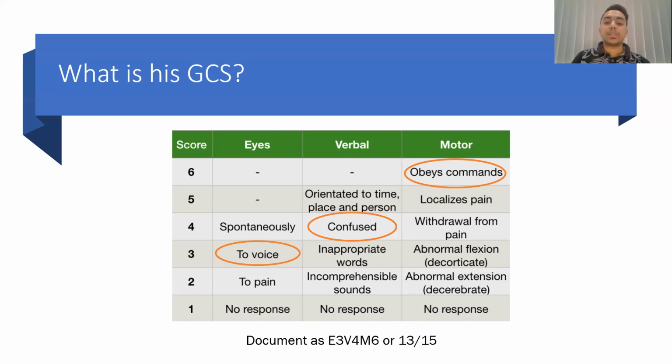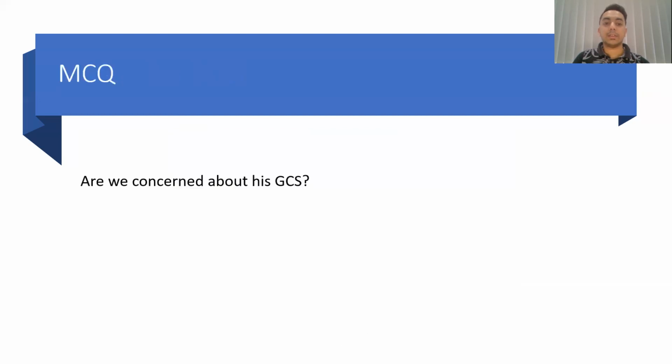Does anyone think that this GCS is concerning? If you were to meet a patient who has a GCS of 13 over 15, would that concern you?